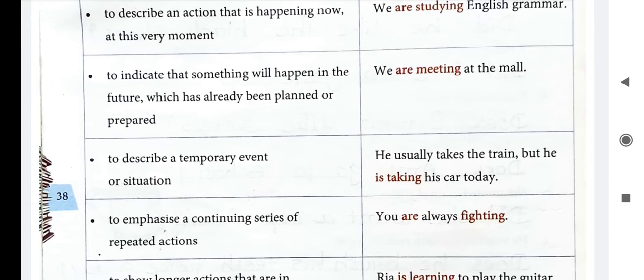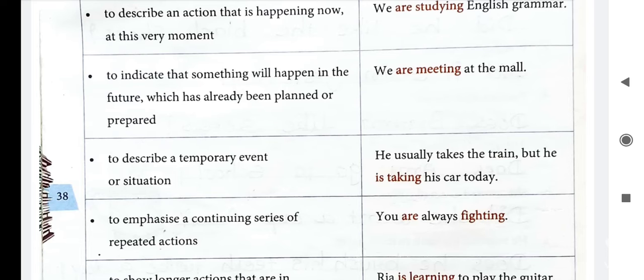Second point, the present continuous tense is used to indicate that something will happen in the future, which has already been planned or prepared. So there is some event that is going to happen in future, but the planning, the preparation has already been done.